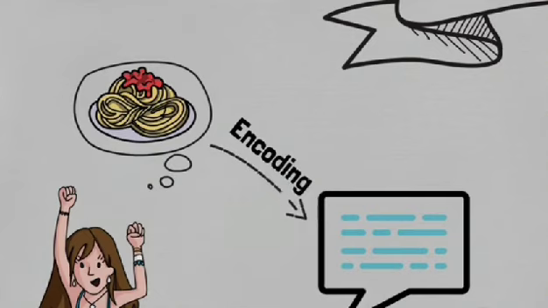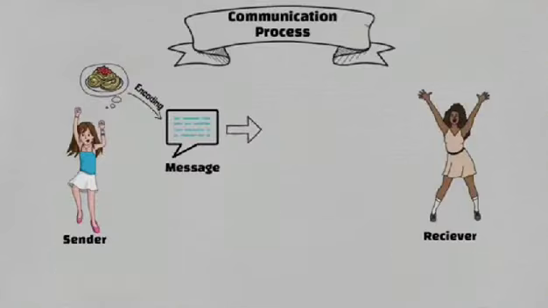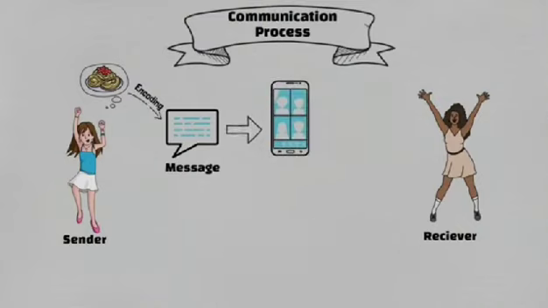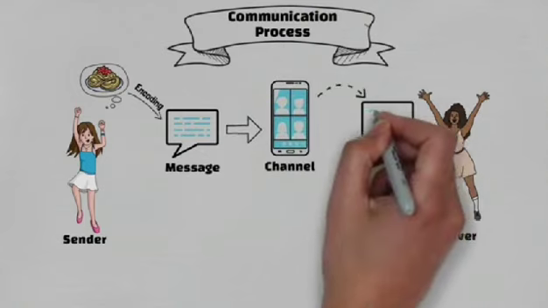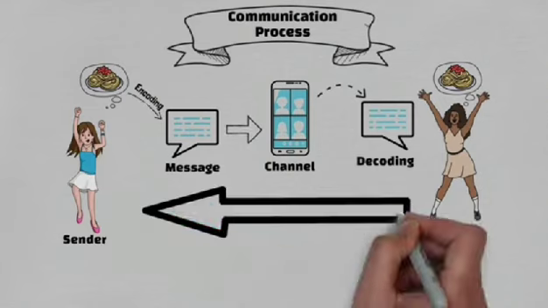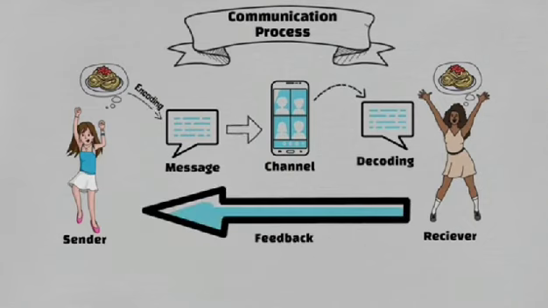Encoding is the process of turning thoughts into communication. Then she sent her message through her cell phone, which serves as our channel of communication. From our channel, Amanda received a text message and started to read and understand what Jane is saying. She then interprets and assigns meaning to the message through the process called decoding. This way, Amanda can reply back with her feedback to ensure that she properly received the meaning, and decided to have lunch with Jane and happily ate together.